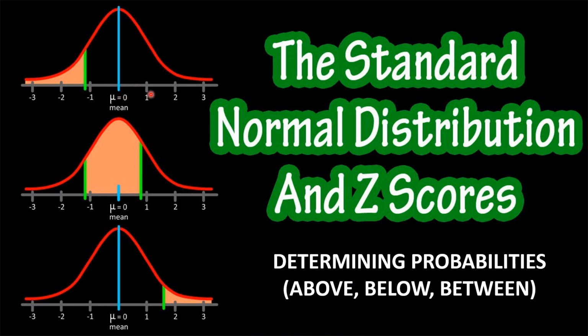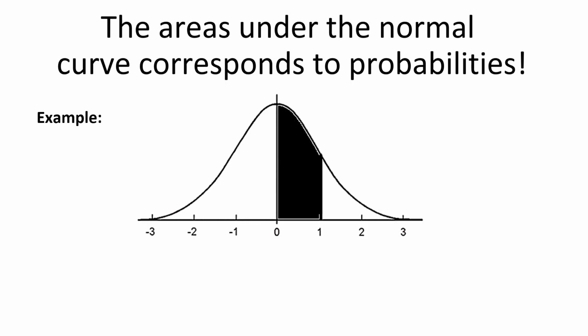So in this video lesson, we're going to determine the probability of a z-score if it is above or below, between, and above a specific value. To understand it further, let's look at this example. This normal curve wants us to identify the area of the z-score from the mean, which is 1.